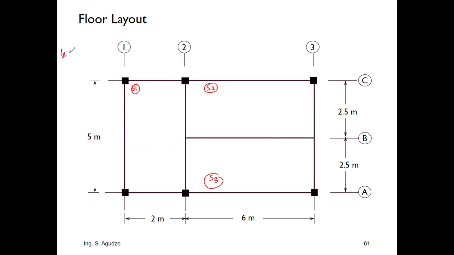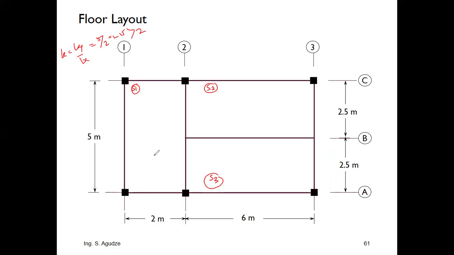So K is equal to Ly over Lx, that is 5 over 2, which is 2.5. And that's greater than 2, so this is one way.